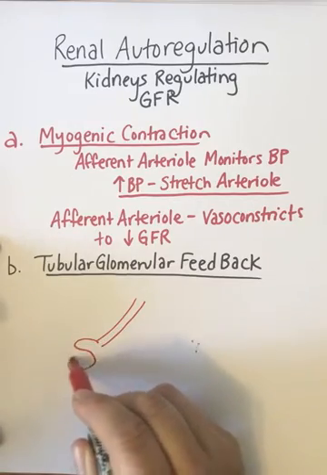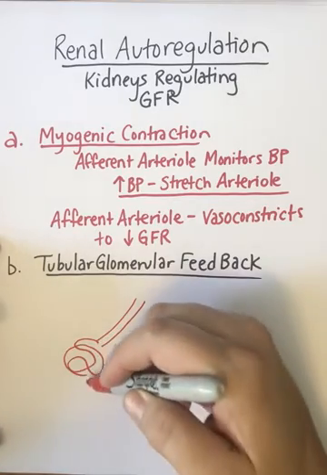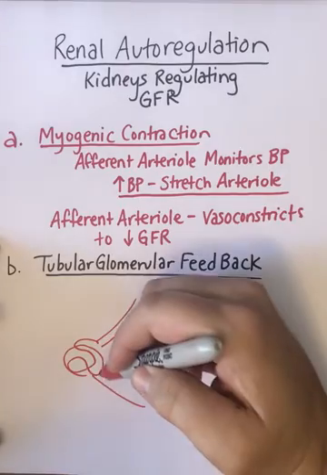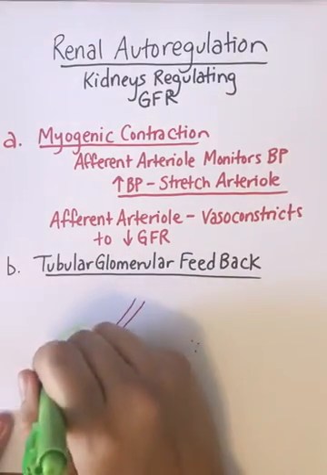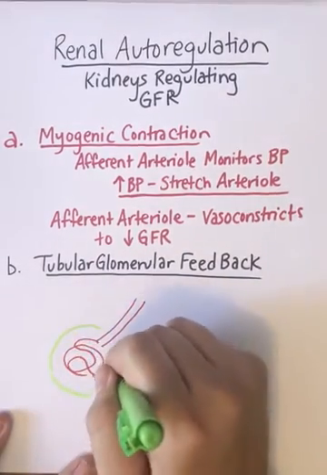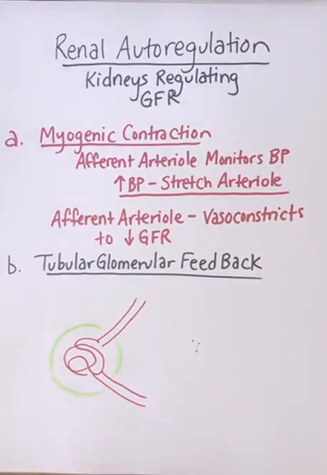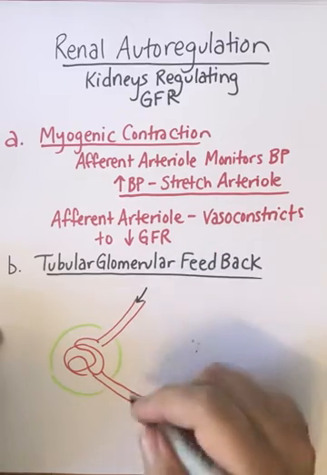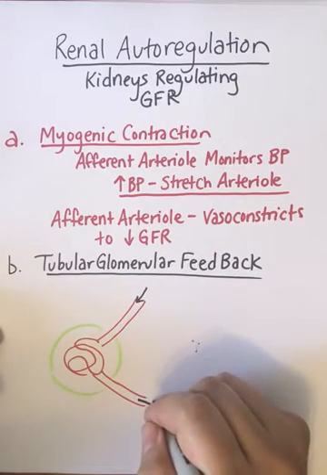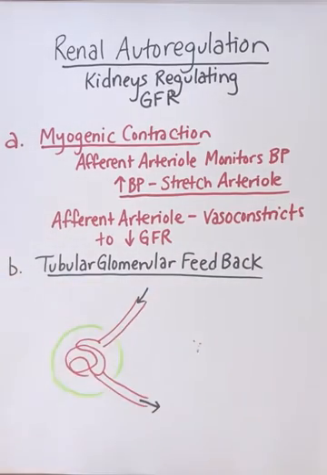It doesn't matter how you draw it as long as you understand the approach is your afferent arteriole and the exit is your efferent arteriole. So this is now our approach, our afferent arteriole, and our exit, our efferent arteriole.